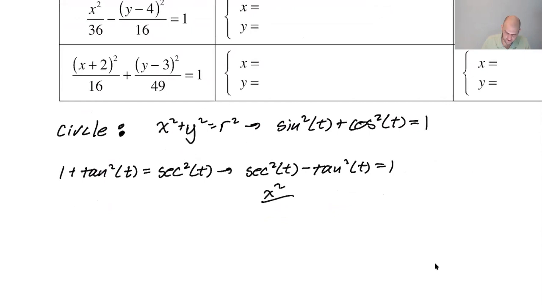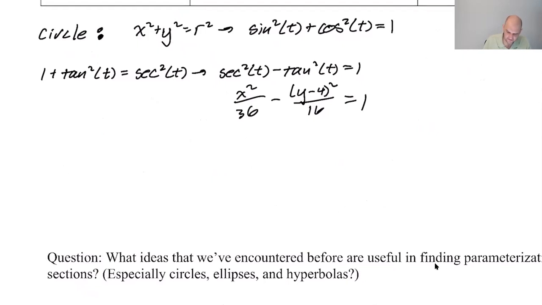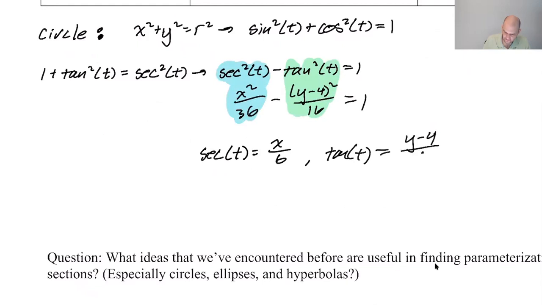So (x squared over 36) minus ((y minus 4) squared over 16) equals 1. All right. So if we associate them, then this will probably equal this, and this will probably equal this, and then they'll equal 1. So I'm going to say that secant could be just x over 6. I'm going to say tangent could just be (y minus 4) over 4.